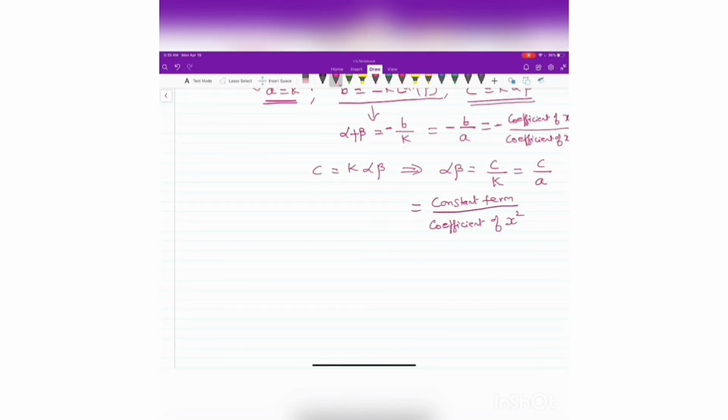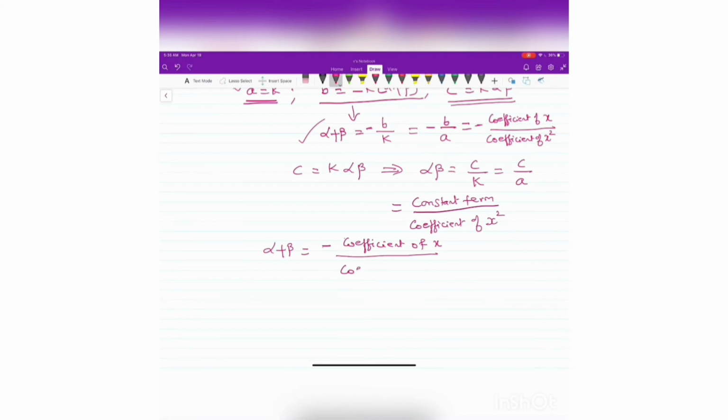See, alpha and beta are the zeros of the polynomial. So what relationship we got now? Alpha plus beta is equal to minus coefficient of x by coefficient of x square.